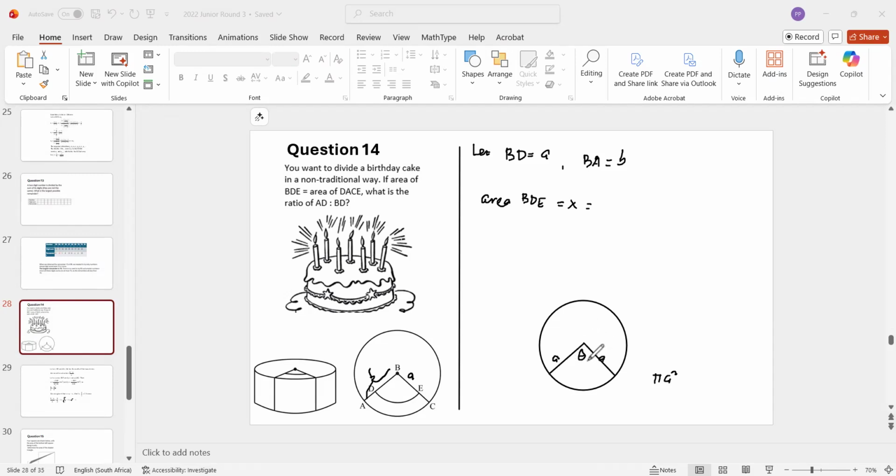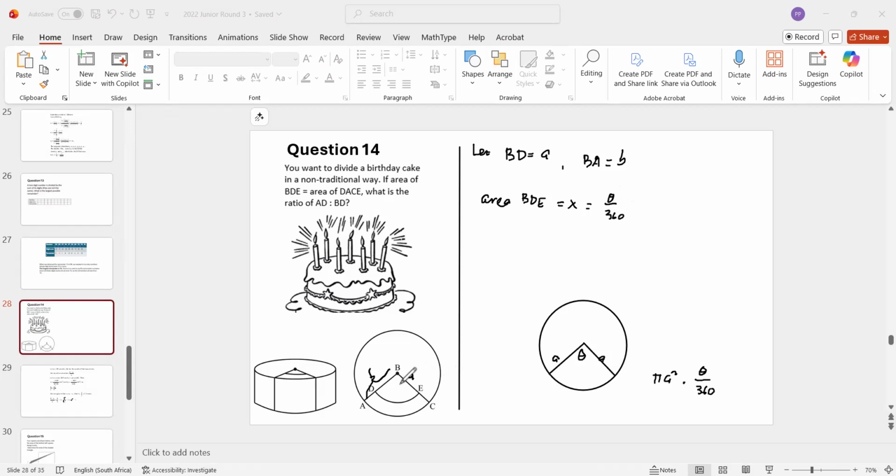If it was 90 degrees, you'd say it's a quarter. Why? Because 90 over 360 is a quarter. If this was a straight line, you'd say it's a half. Why? Because 180 degrees is half of 360. So really, you're looking at the fraction theta over 360. This fraction of 360 times the area of the whole circle is this x that we're looking for.